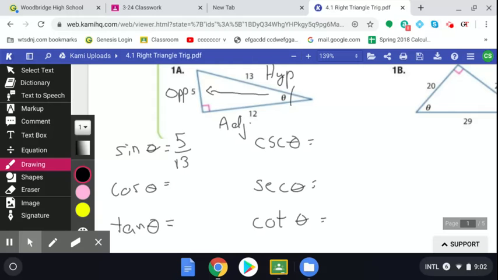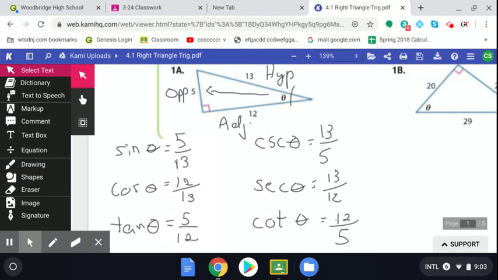Cosine theta should be adjacent, which is the 12. So the side that measures 12 over the hypotenuse, so 12 over 13. And the tangent should be opposite over adjacent, so 5 over 12. And then you just flip them. So cosecant theta is 13 over 5, secant theta is 13 over 12, and cotangent theta is 12 over 5. So that's for that triangle.